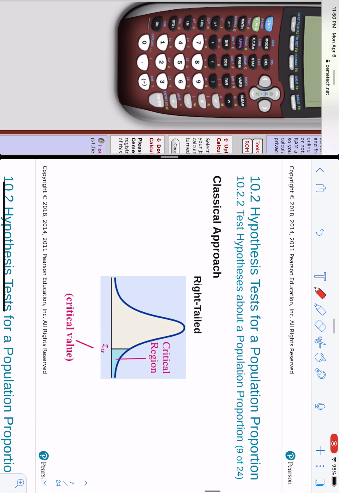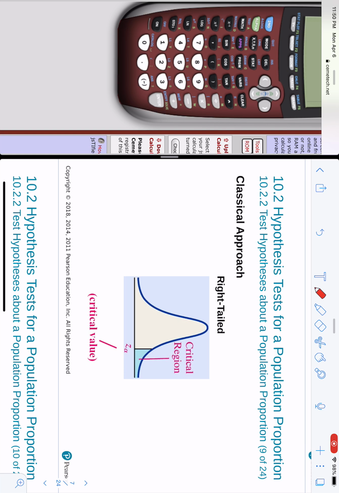The third case, of course, is the right-tailed test, and naturally the rejection or critical region will be on the right tail, and we would only have a positive critical value, no negative business here.